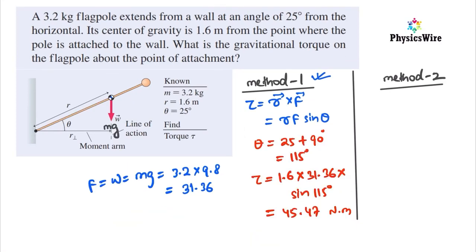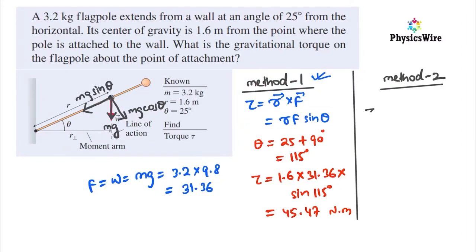Now for the second method, we break this force into its component form. So force equals mg. Now draw a perpendicular here to this incline. So this is mg cos theta and this is mg sin theta.